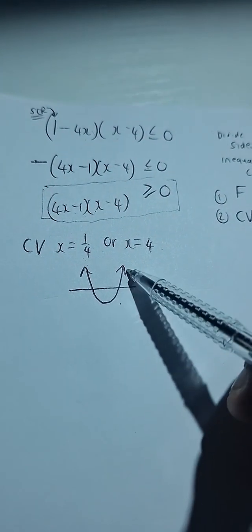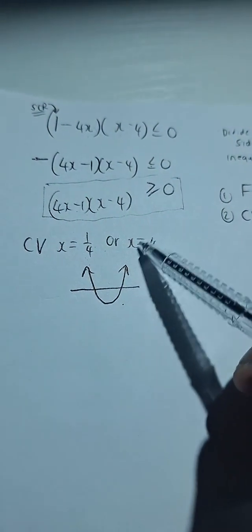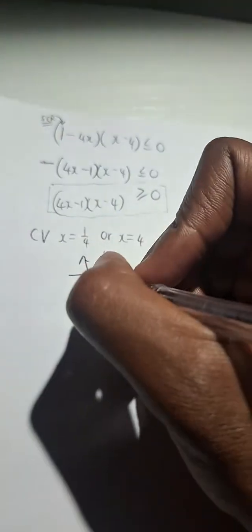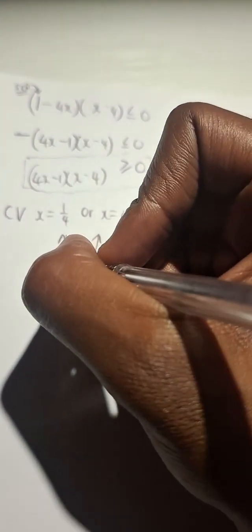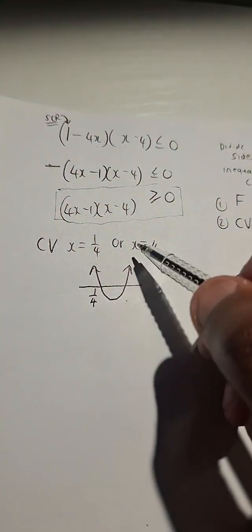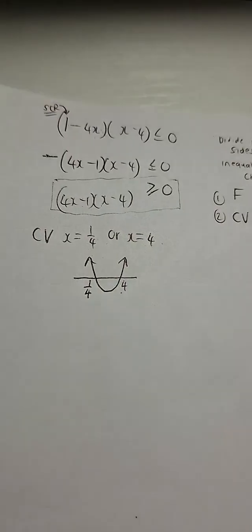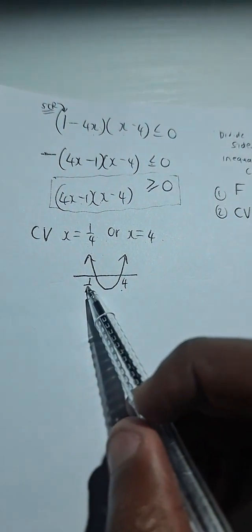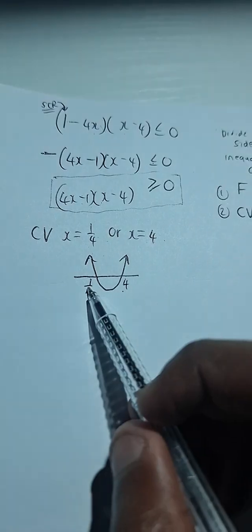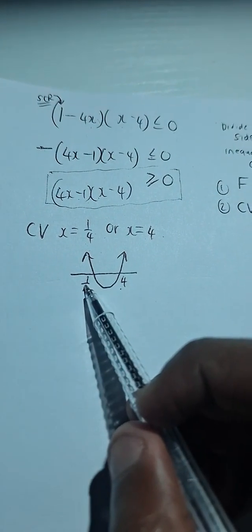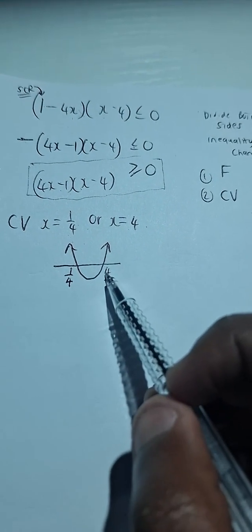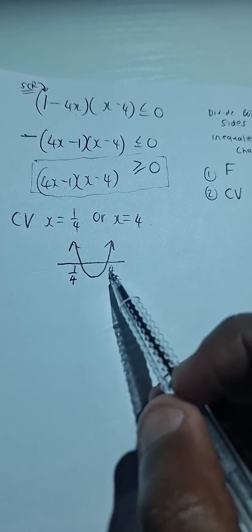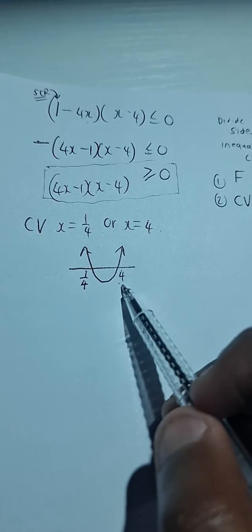So the graphical representation is a smiling face because of that fact. Then we have a critical value that is the smallest to start with, which is 1 over 4. Between 1 over 4 and 4, 1 over 4 is the smallest, 4 is the biggest. We write 1 over 4 this side, and then this side we have 4. I hope that makes sense.